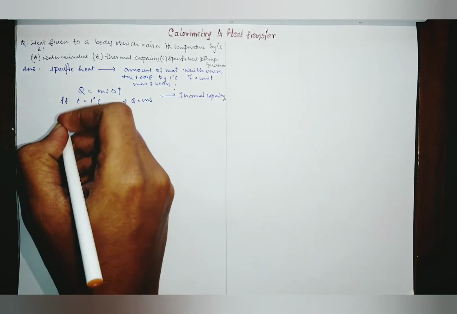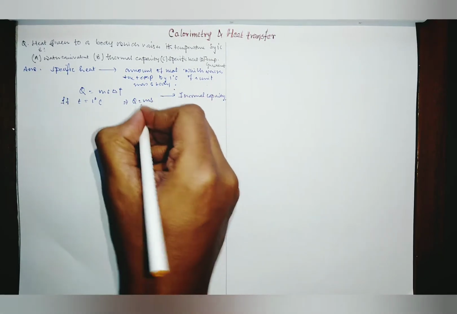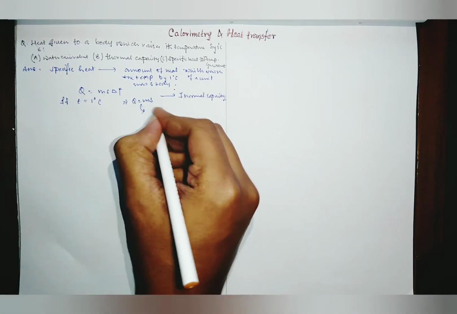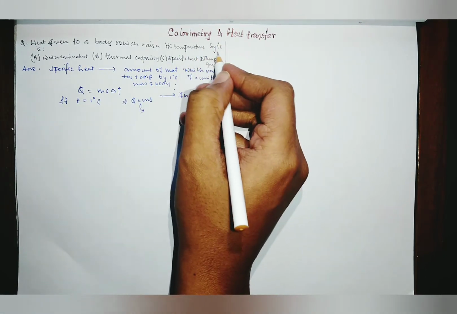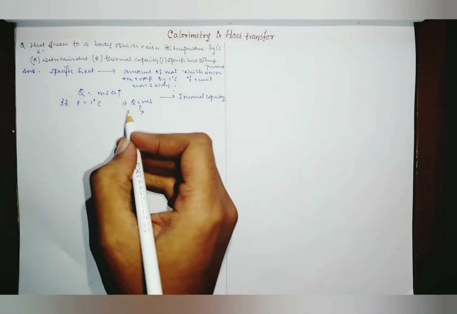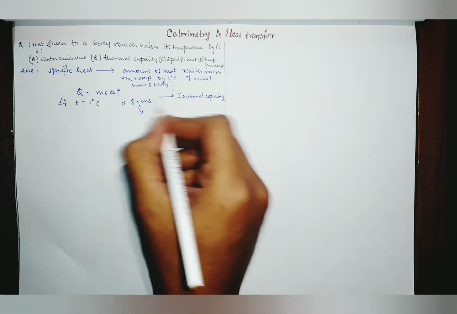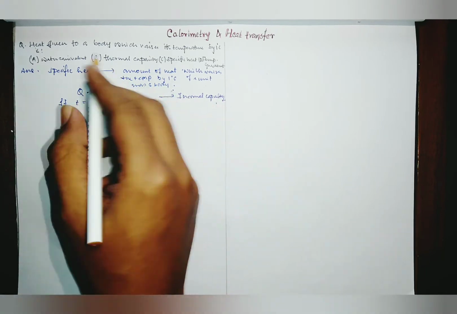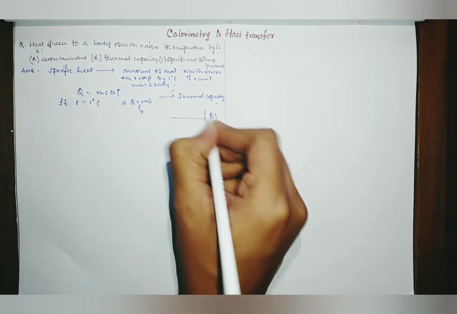So the amount of heat required to raise the body temperature by 1 degree Celsius is called thermal capacity, right? This is by definition only. So answer B is the right answer.